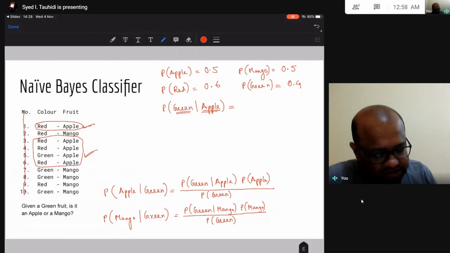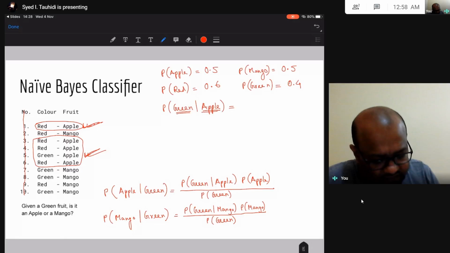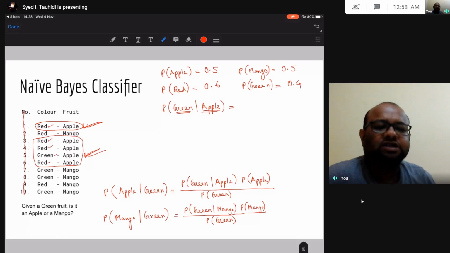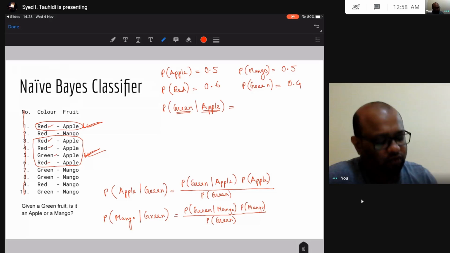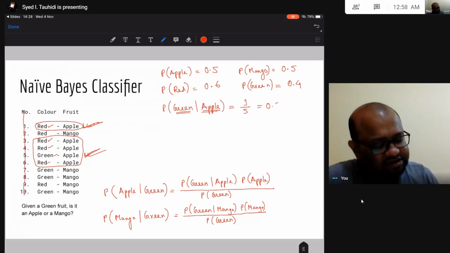Among all these apples, what is the probability that the fruit is green? I have red, red, red, green, red. So I have 5 apples, 4 of them are red, 1 is green. So 1 out of 5 is green. So the probability of green given that the fruit is an apple is 0.2.